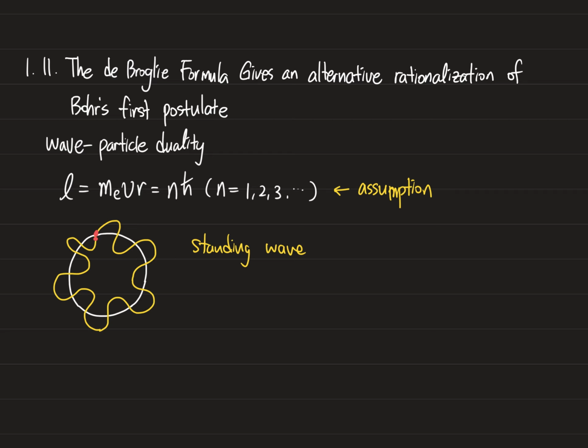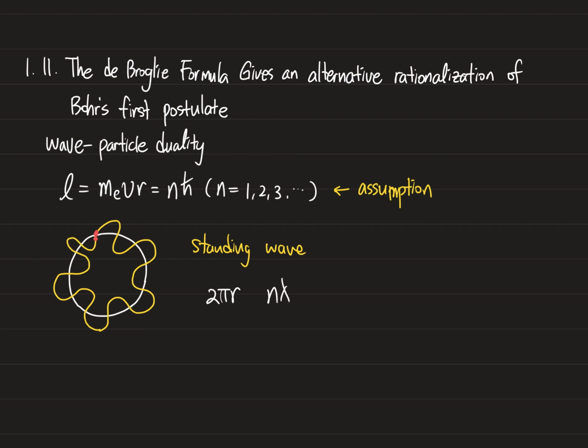So if you carefully draw several possible cases for the stable standing wave on the circular ring, you will notice that the circumference of the orbit, 2 pi r, should be an exact integer multiple of the electron's wavelength.